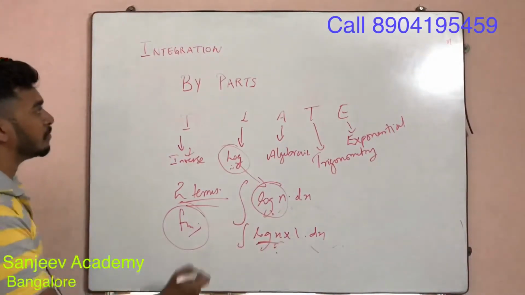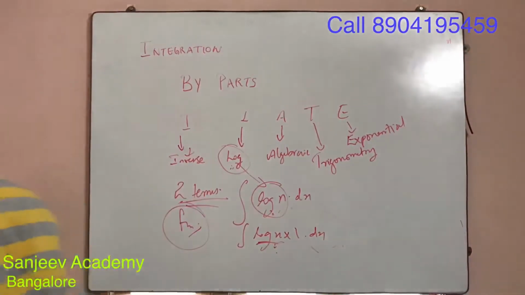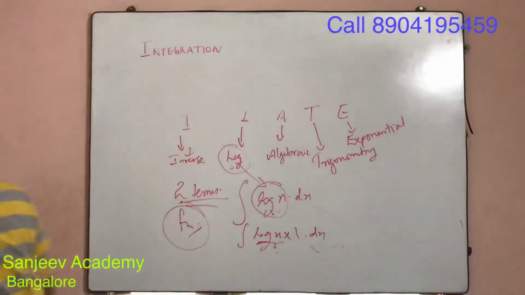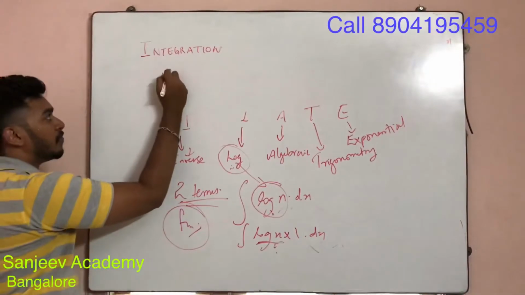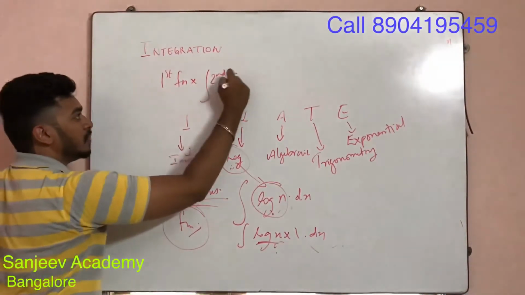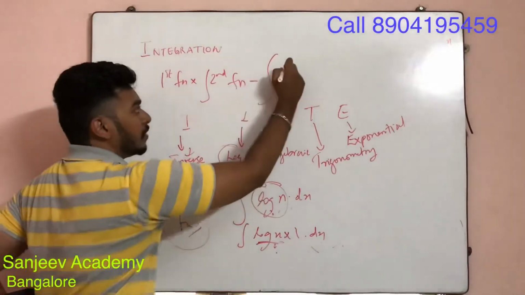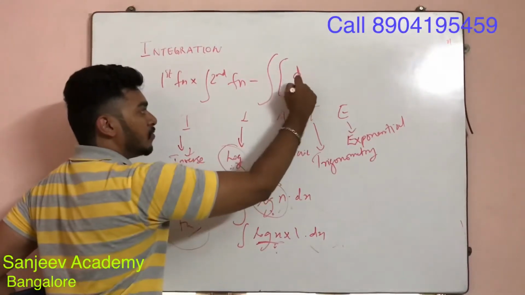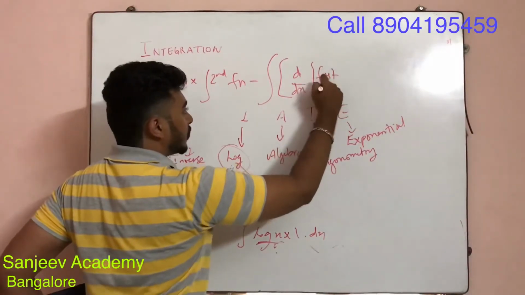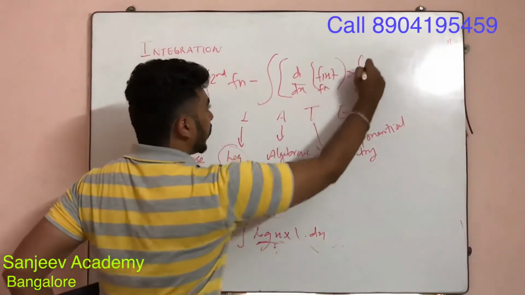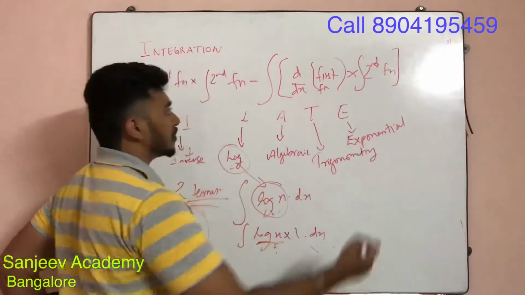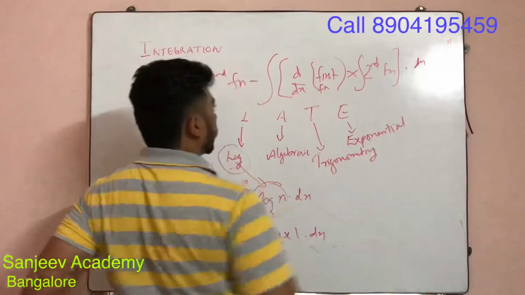Our formula is first function into integral of second function minus integral of d by dx of first function into integral of second function. Now close this and do the dx of this thing.